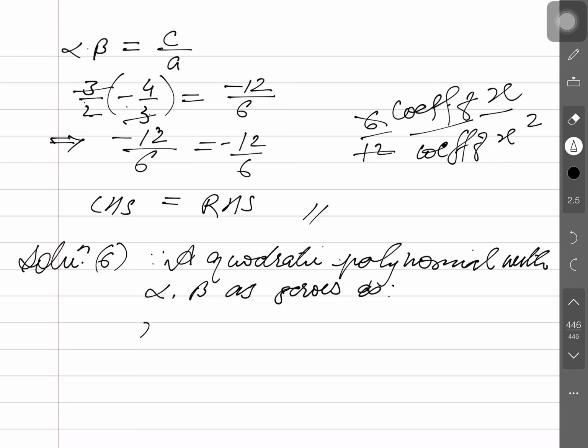In terms of alpha and beta, x square minus the sum of the zeros times x, and here the next, alpha into beta is there. I will tell you how this occurs later. Okay, now what is that here? So the sum is given here.